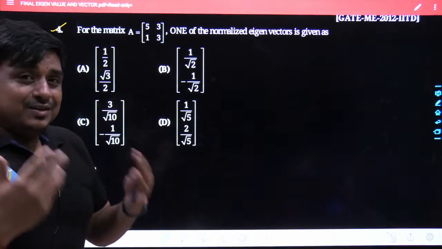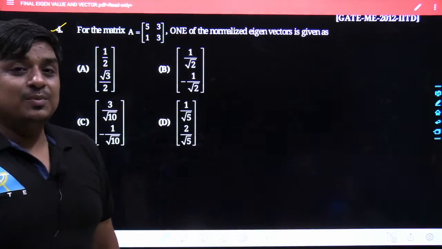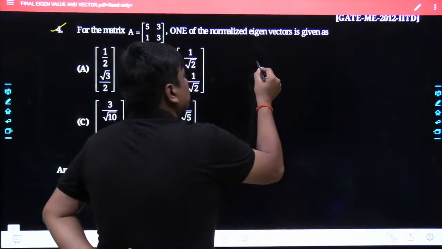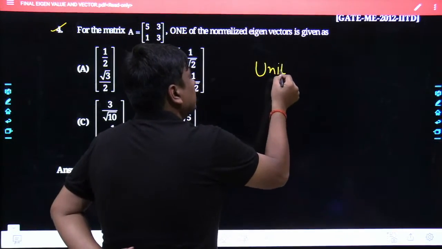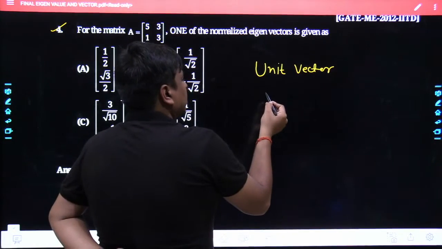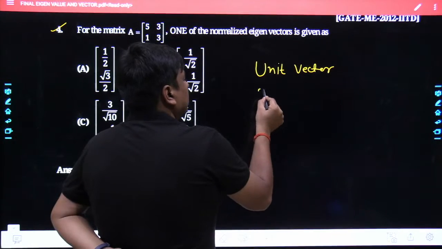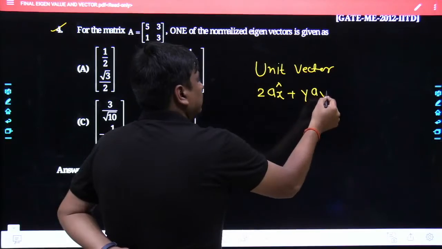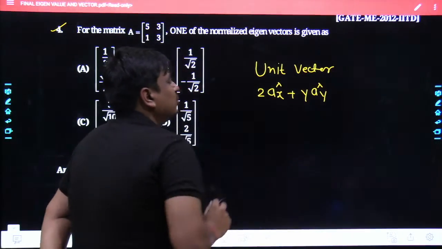Now, what does normalization mean? Understand it this way: we call it a unit vector. Could you figure it out? What was the unit vector? If you have a vector like 2ax cap plus 4ay cap, what used to be its unit vector?